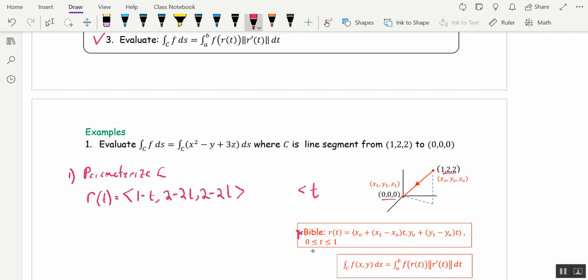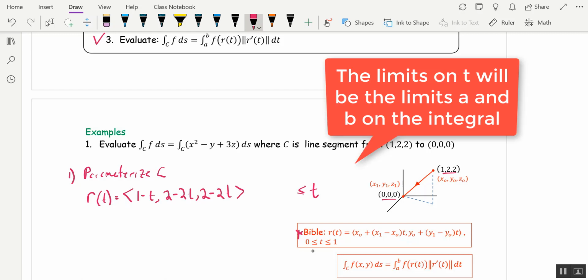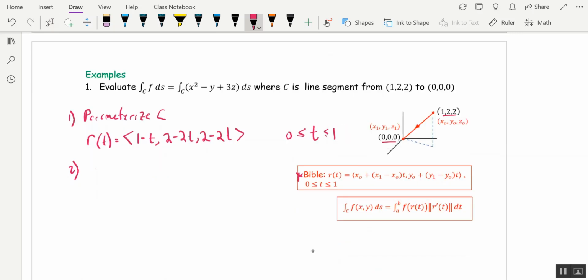And t, for line segments set up this way, always goes from 0 to 1. Okay, now we need our ingredients. We're going to need r prime of t, because we need its length. So r prime of t is -1, -2, -2. So the length of r prime of t is the square root of 1 plus 4 plus 4, which is the square root of 9, which is 3.